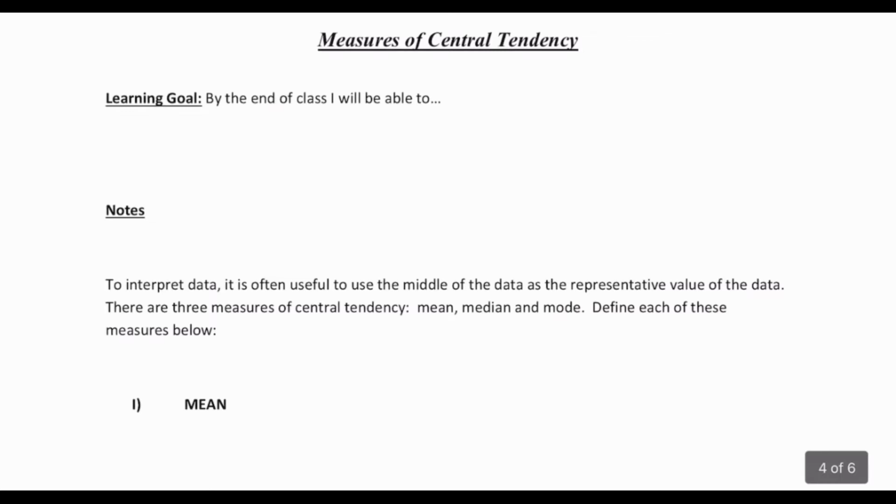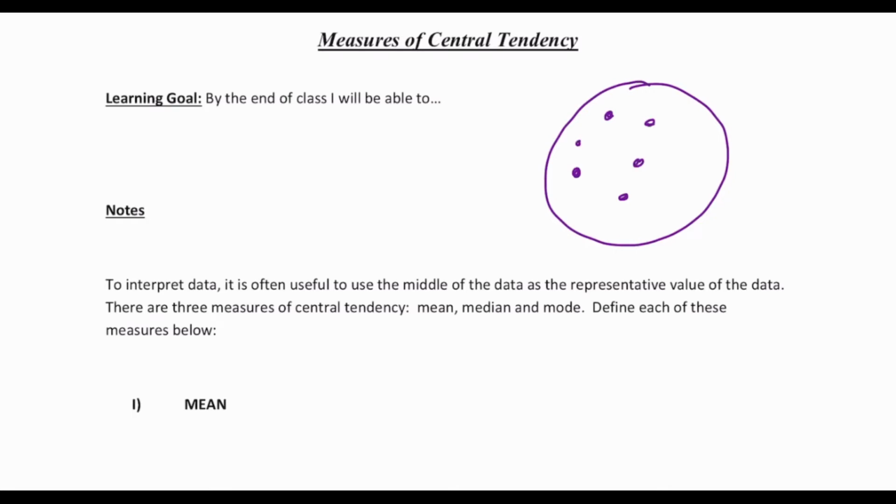And the final topic I wanted to talk about right now is measures of central tendency. And as I mentioned earlier, the idea here is, basically imagine we have a dartboard, and we have a whole bunch of darts. And I want to say, what was the average position of these darts?